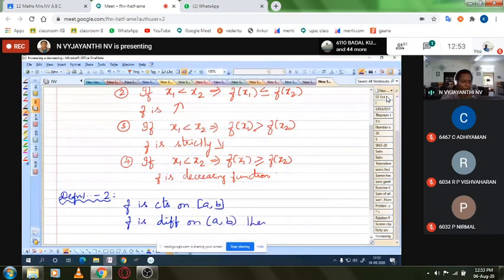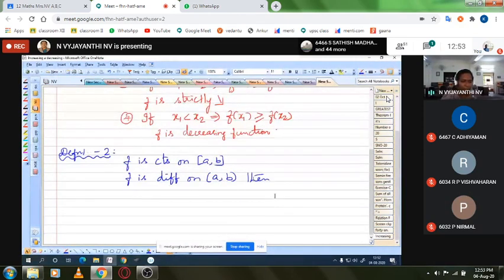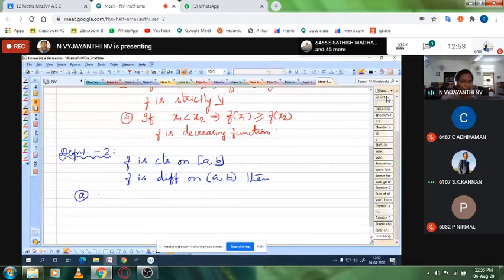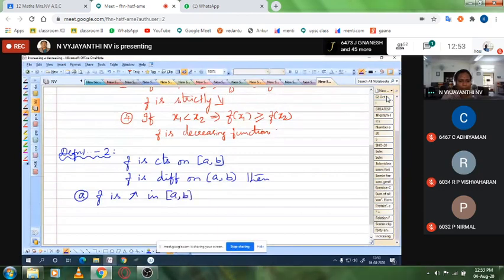Then we have the three conditions. Firstly, f is increasing on the closed interval a comma b if f dash of x is greater than 0, isn't it?